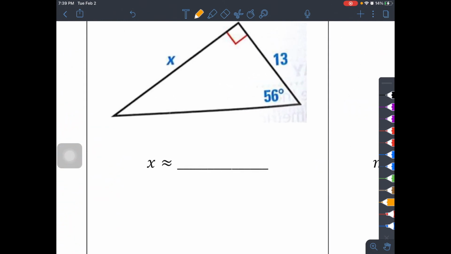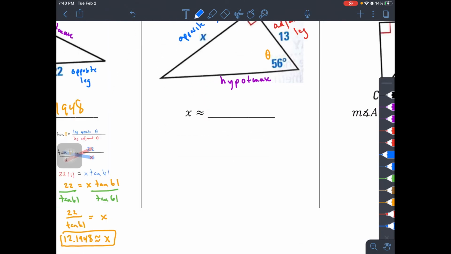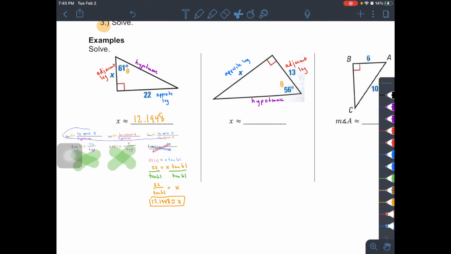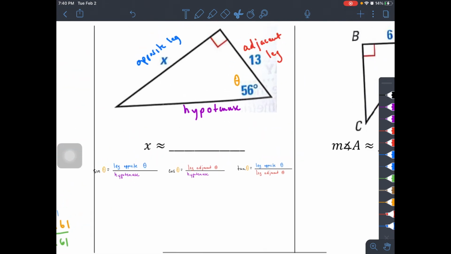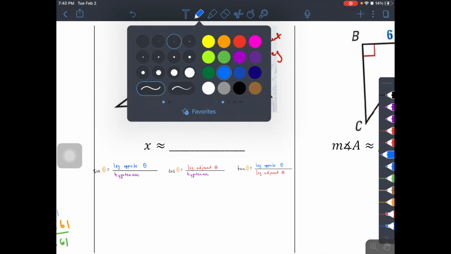So same situation. Step 1, we're going to want to label this triangle. So again, if you don't know, I highly recommend writing out all 3. Substitute what you do know.